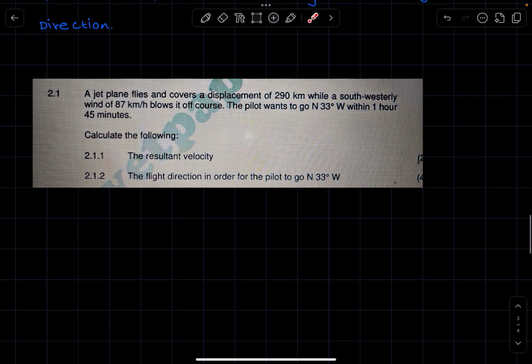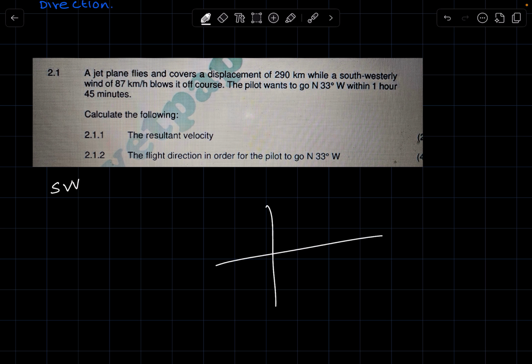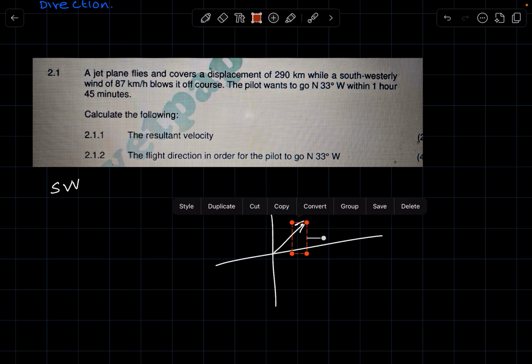So because this is ambiguous, we perceive it as if the wind is coming from this direction, and because the wind vector is coming from southwest, and southwest is in the third quadrant, it means it is headed in this direction, and because it is headed in this direction, that is why you must draw it in a direction that is opposite the one that is given.